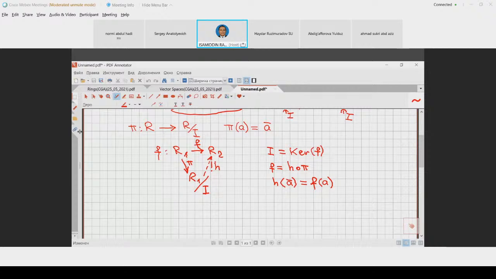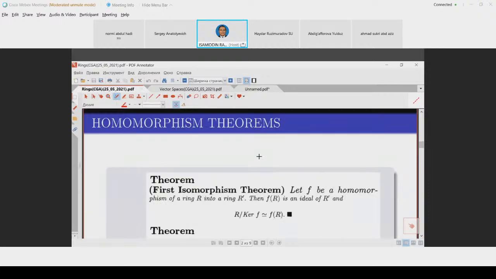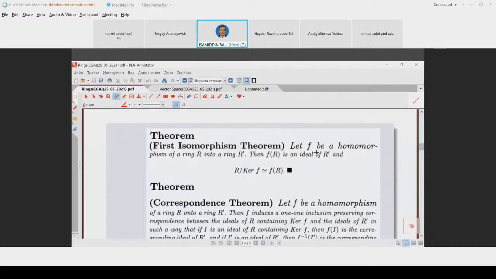Now let us go to homomorphism theorems. The first homomorphism theorem. If you have a homomorphism F from ring R into R prime, then this one is the image of the homomorphism, F of R. If it is onto, then this is an ideal of R prime.